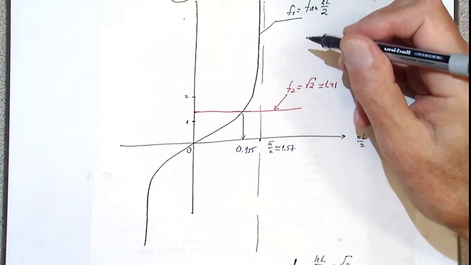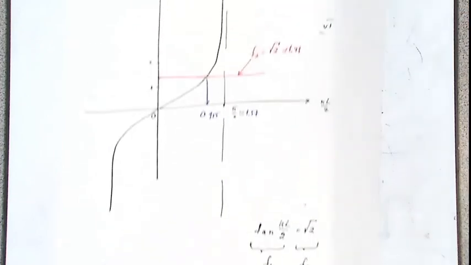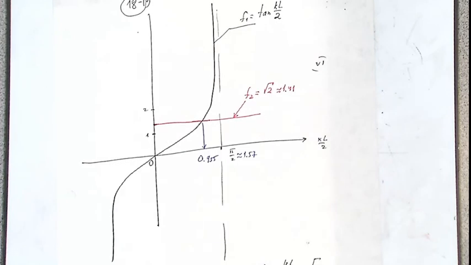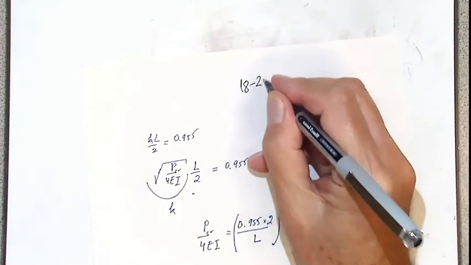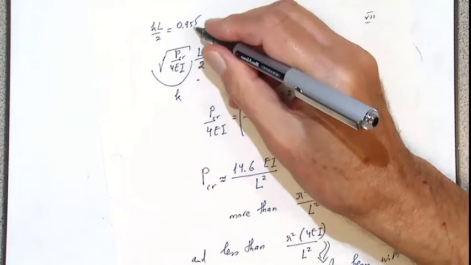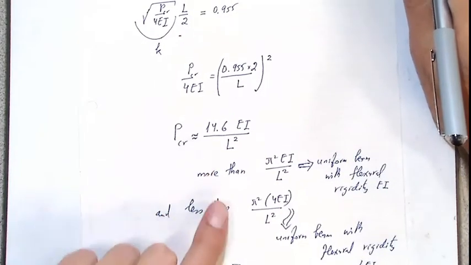Okay? These are the functions, f1 and f2. So, KL over 2 equals 0.955. From here, I got P critical equals 14.6 EI over L squared.